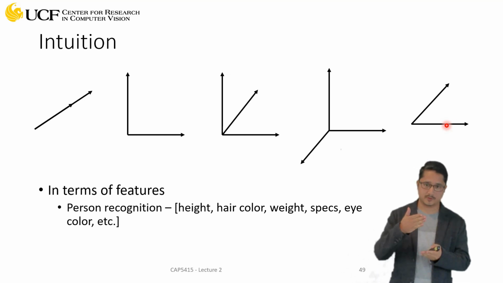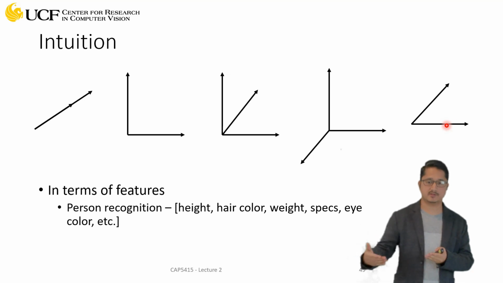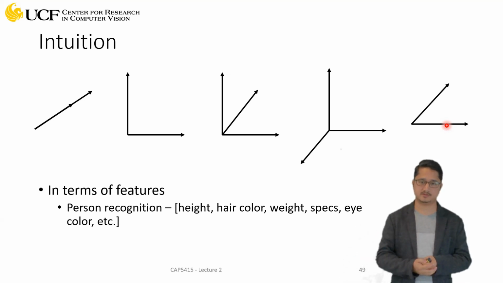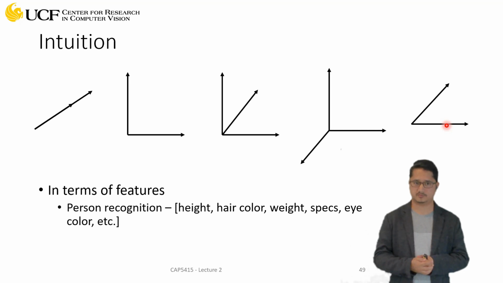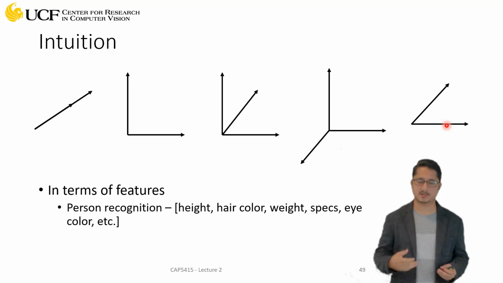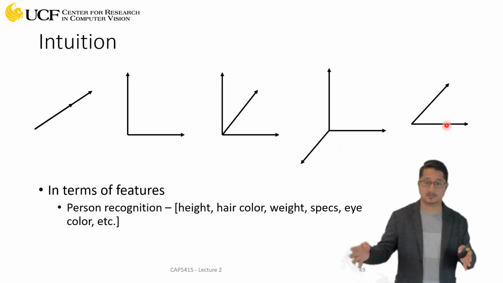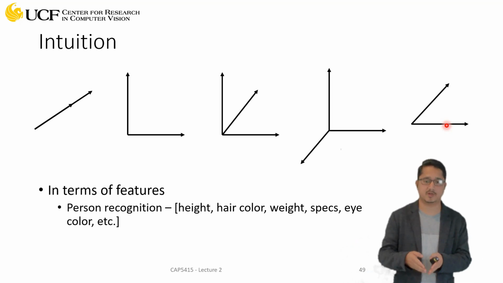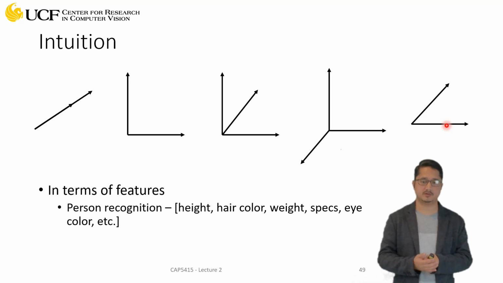That's the real world relevance of understanding linear independence, because it helps us understand the bare minimum we need to represent a person for person recognition. I can give you another example from the same scenario. You can have your BMI, which is dependent on height and weight, right? So if you combine all those together, there might be something which is not linearly independent. So there might be some repetition.